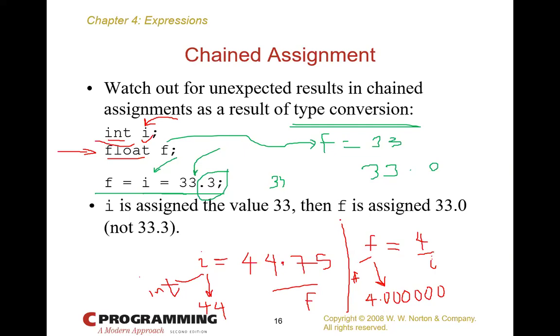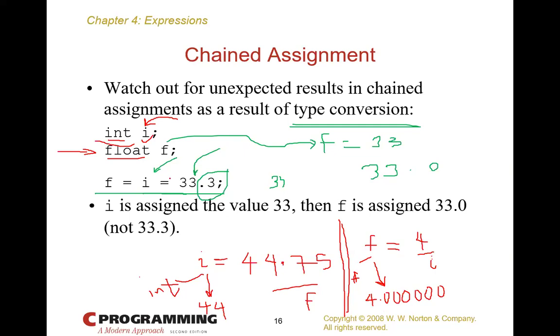So if you can keep this idea in your mind, it would easily make you understand what is going on here. So what is going on here is we define variable I as an integer, f as float, and here we are doing chaining of assignment. I'm just doing a recap of what we did last time.